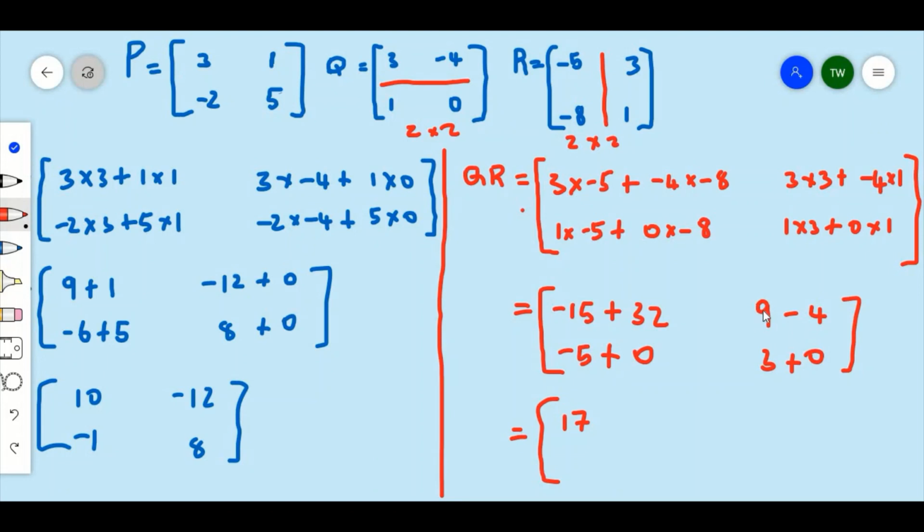Then here we have 9 minus 4, that's going to give us 5. Negative 5 plus 0, that's going to leave us with negative 5. And 3 plus 0, that's going to leave us with 3. Therefore, matrix QR is going to equal 17, 5, negative 5, 3.